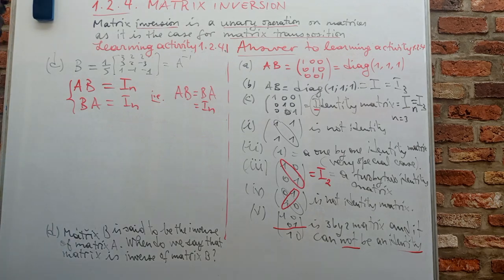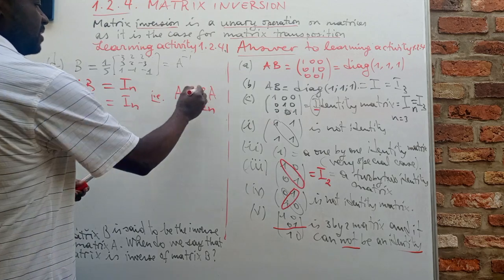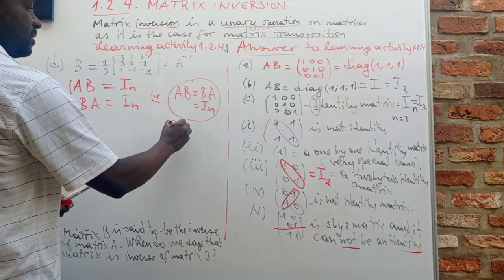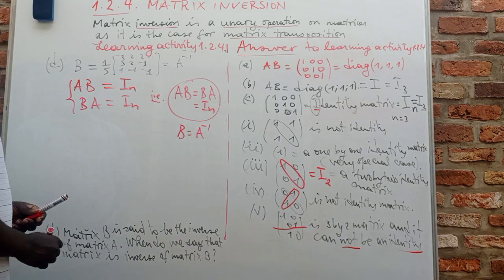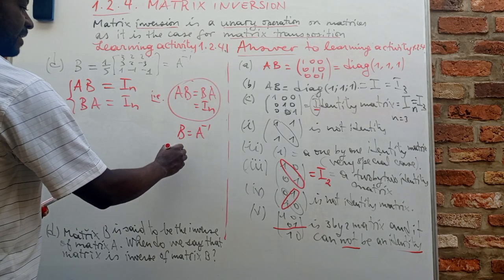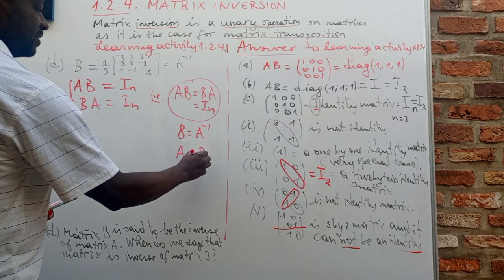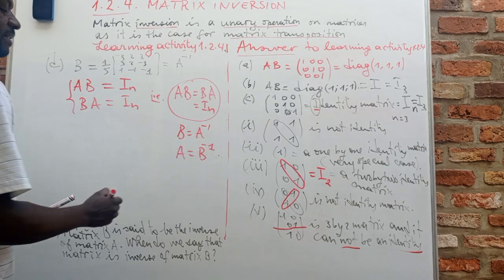And this identity means that B is the inverse of A, and A is the inverse of B in this case.